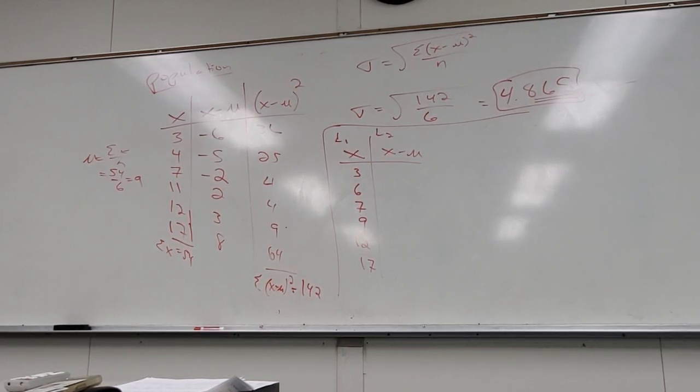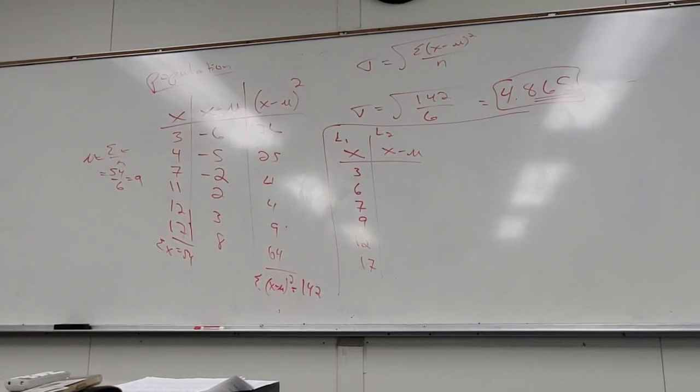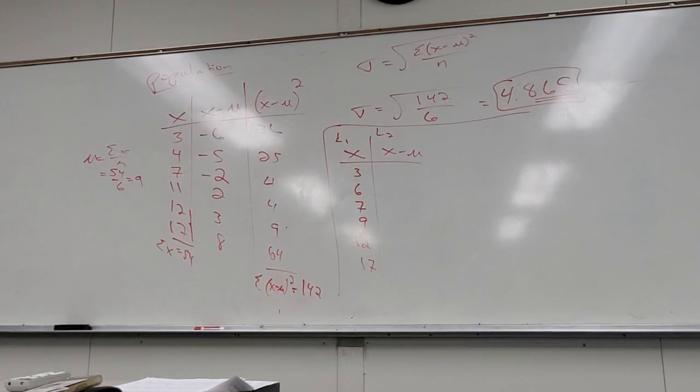Okay, so now tell it you want X's minus the mean. So tell it L1, so you have to hit second 1, minus 9, because we calculated the mean is 9. Enter. Now go over to L3, and you want it to square all the stuff in L2. So you want it to be L2 squared. Go up to L2.